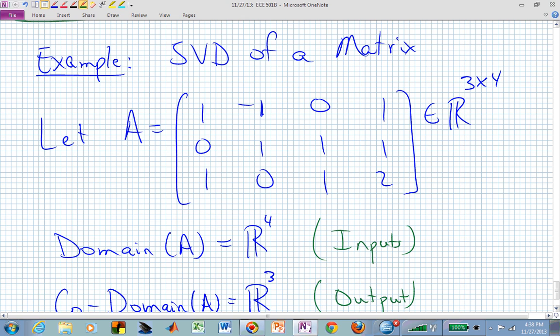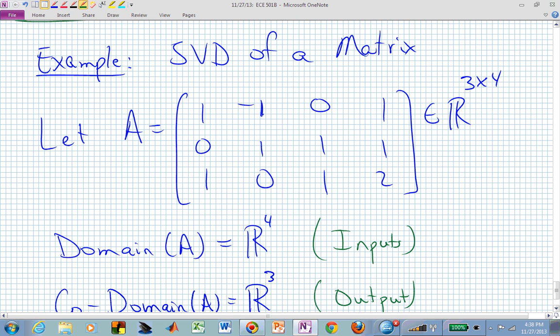And in fact, I cooked this up to where I'm losing rank in not only the input sense, but also I'm not mapping into a 3-dimensional full room. I'm maybe just sticking with the floor. I'm just staying with a 2-dimensional space. These 4 columns, there's only 2 of those 4 that are linearly independent.